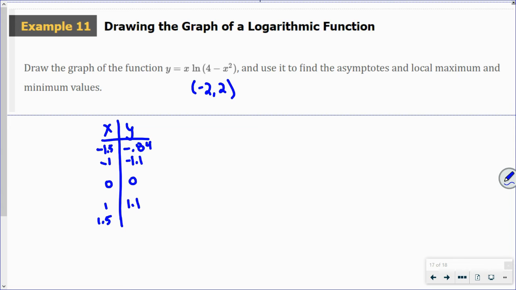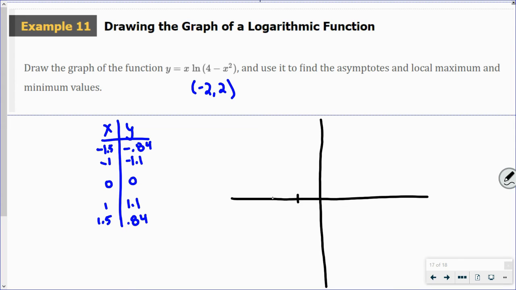This is -0.84, and this is 0.84. So we have some symmetry here. So if I go to graph this thing, we don't really need a lot here because we can only be between -2 and 2.